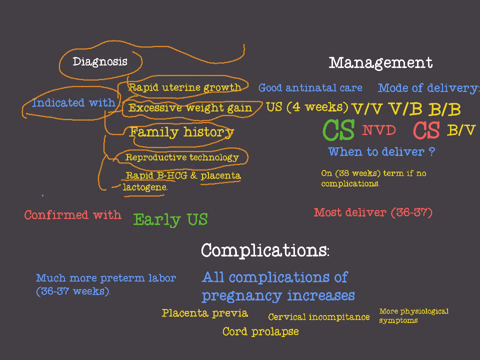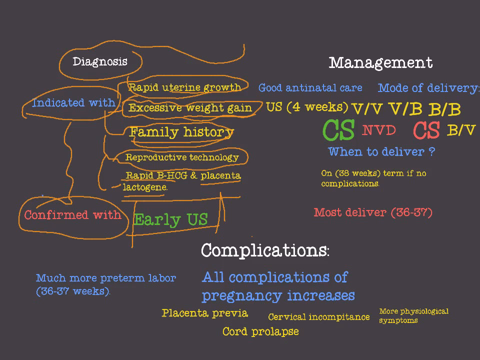All these things, rapid uterine growth, excessive weight gain, family history, and excessive pregnancy symptoms, physiological or pathological, indicate that we have multiple gestation, and we confirm that by doing early ultrasound. Okay, in rare cases they discover multiple gestation during delivery, in very rare cases.